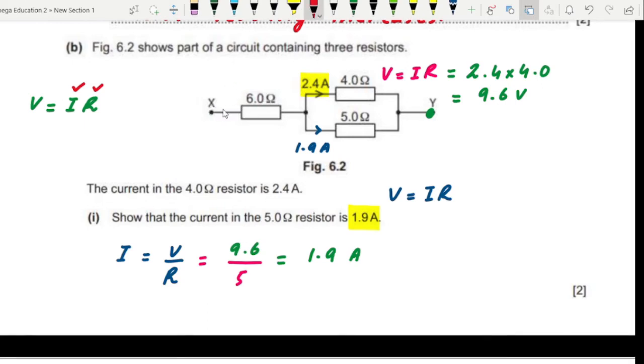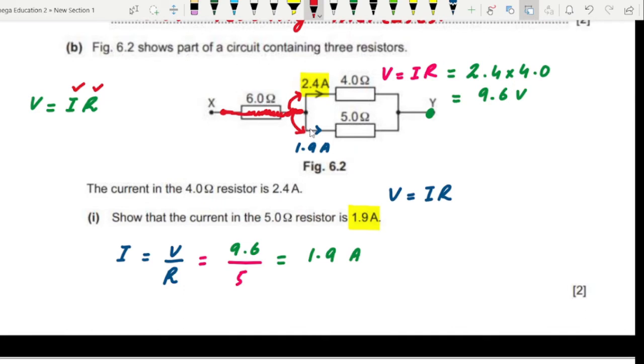There was some current coming from here, the total current, from the 6 ohm resistor, moving on to the right side. And all of a sudden, that current parted ways. Out of that current, 2.4 ampere went through the upper side and 1.9 ampere went through the lower side.